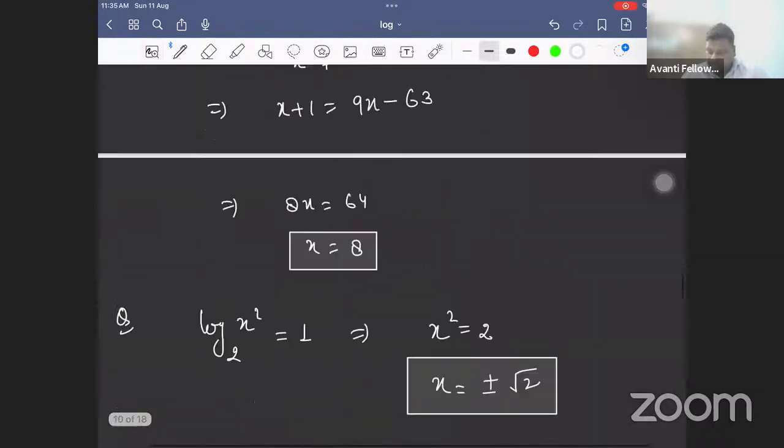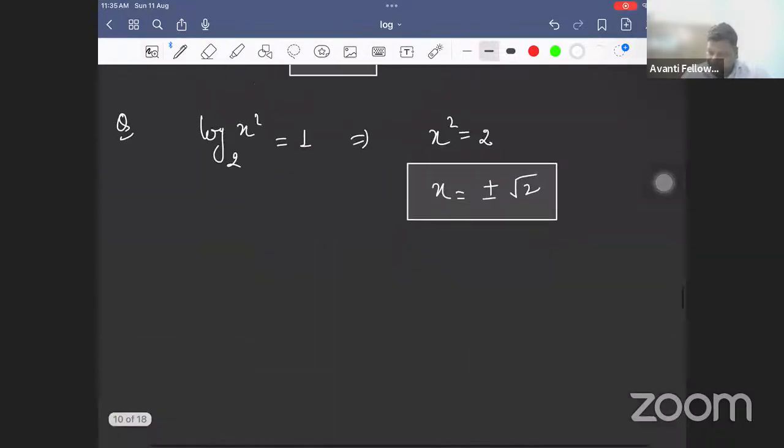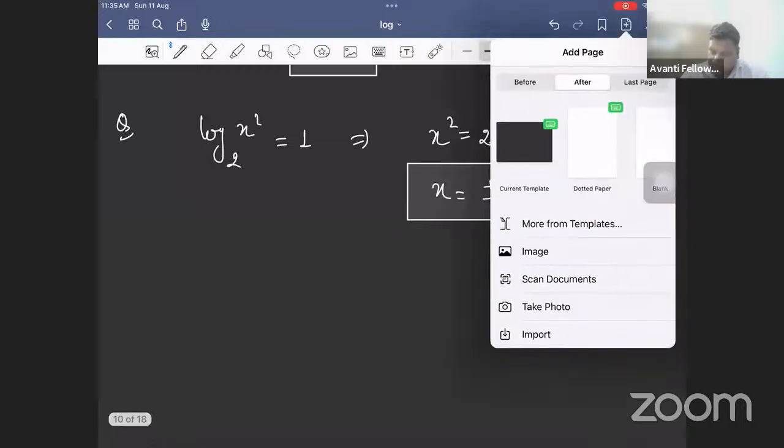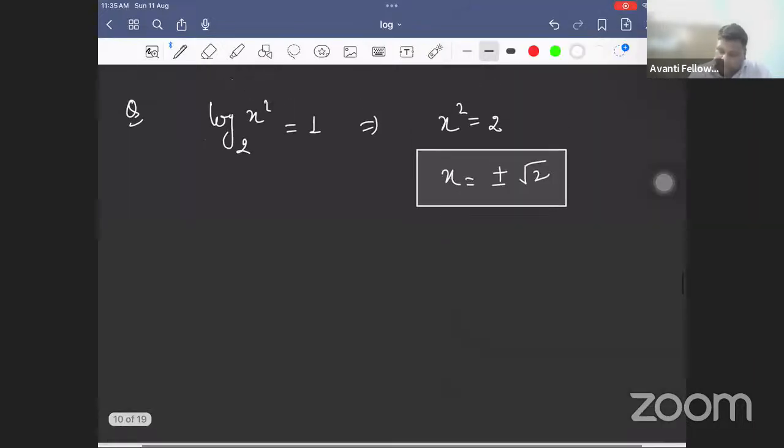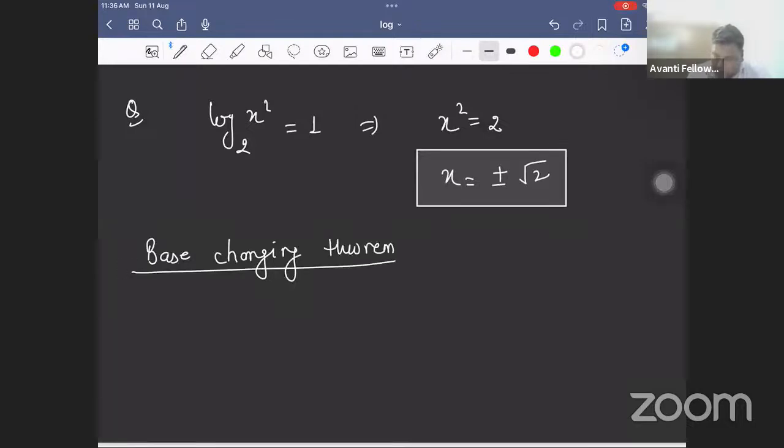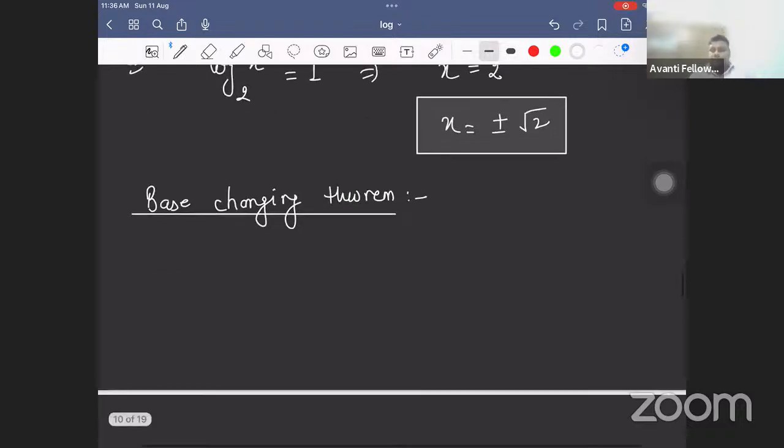Now, as another property of log, there is an important property that is the base changing theorem. Now, according to this theorem, say we have log m base n.